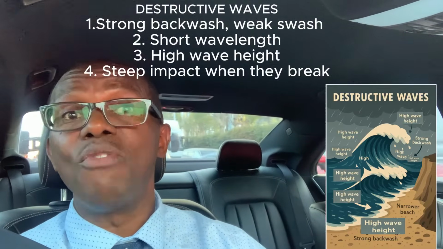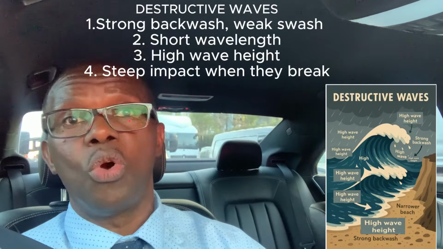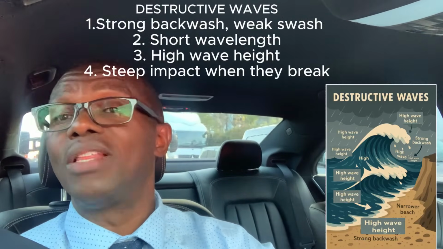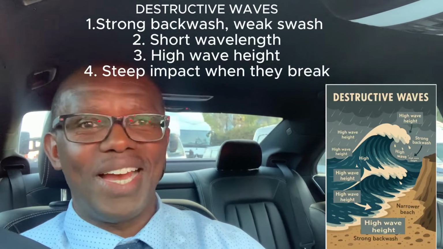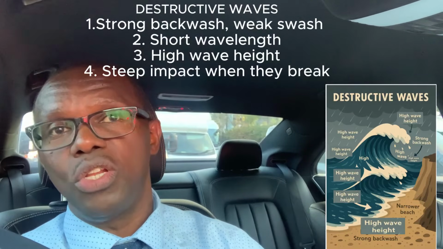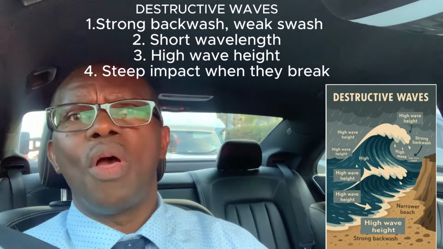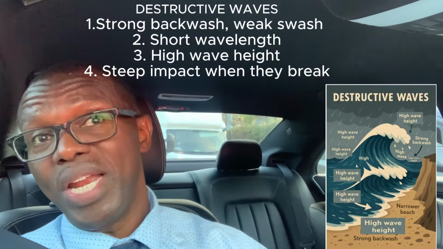And because it's a really high wave, that's now actually the third characteristic. The wave height is high, if we may use that terminology. So the wave height is high, and the wavelength is short. That wave height means that the wave will be really, really high.